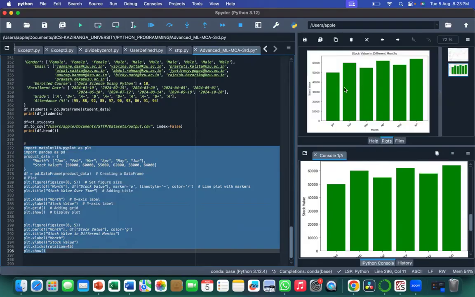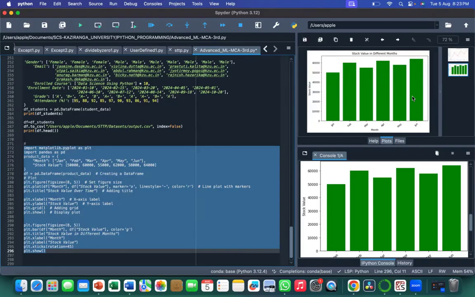In the plot, you can see this is the diagram, with X value and Y value, month and stock value accordingly. And the values are there for January, February, March. So you can see the difference here, how the values are different for different months. So you can compare it, right?